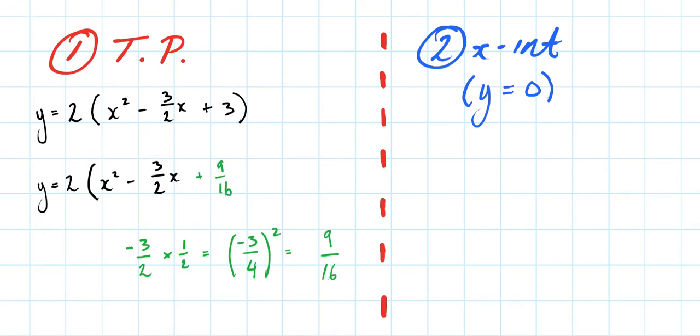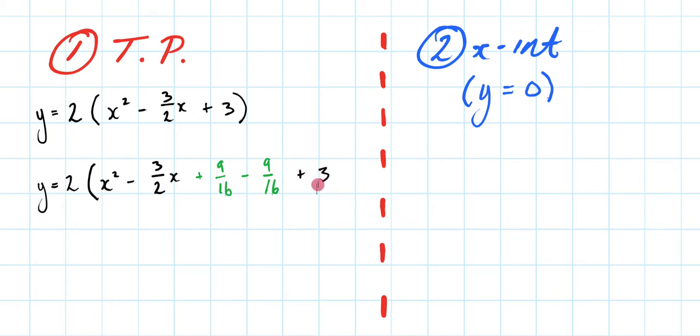Now, you just can't go around plussing in numbers. So in order to ensure that this is balanced, I'm going to minus 9 on 16. And then don't forget the plus 3 here as well. Next, I'm going to go y equals 2. Now, hopefully you can see here that this is a perfect square.